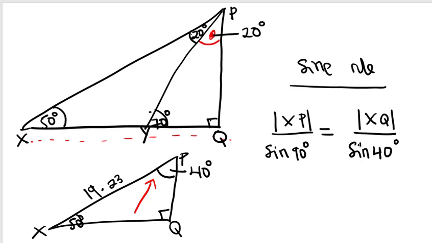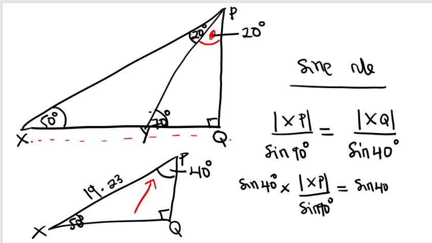Now in this case, we want XQ. We want to make XQ the subject. So we are going to have sine 40 degrees multiplying the side XP over sine 90 degrees being equal to the same sine 40 degrees times XQ over sine 40.